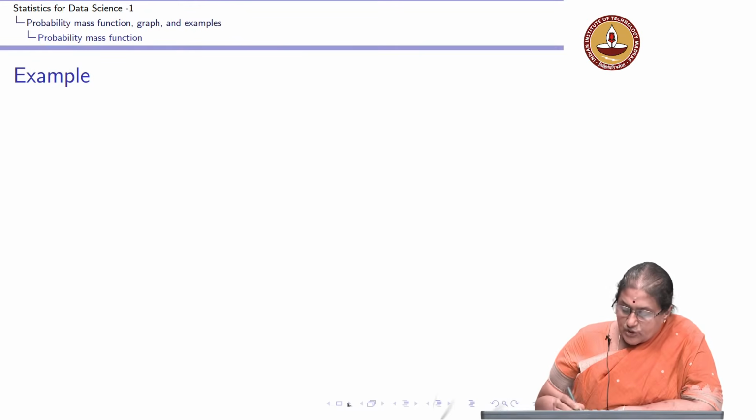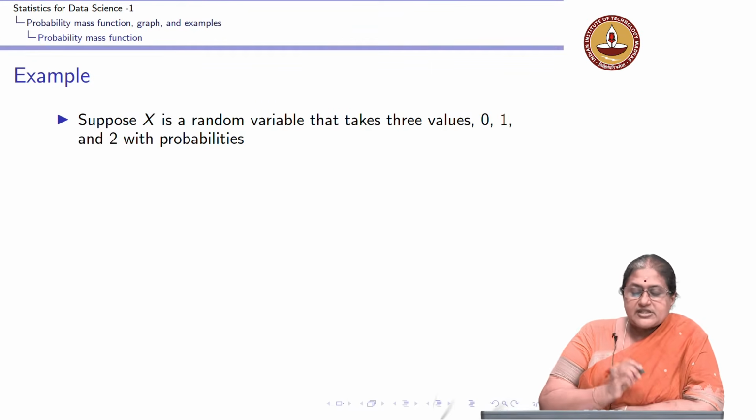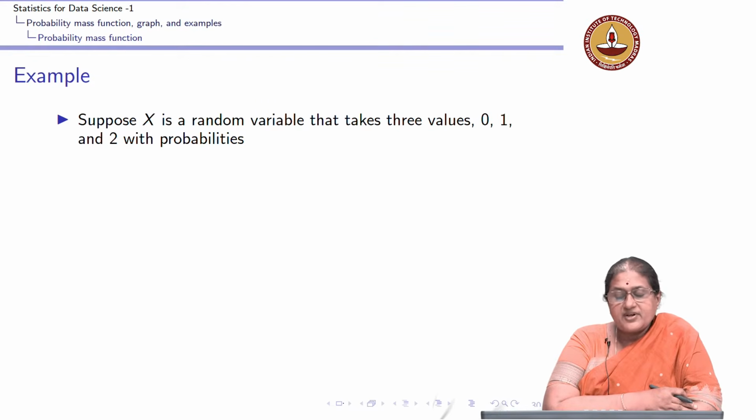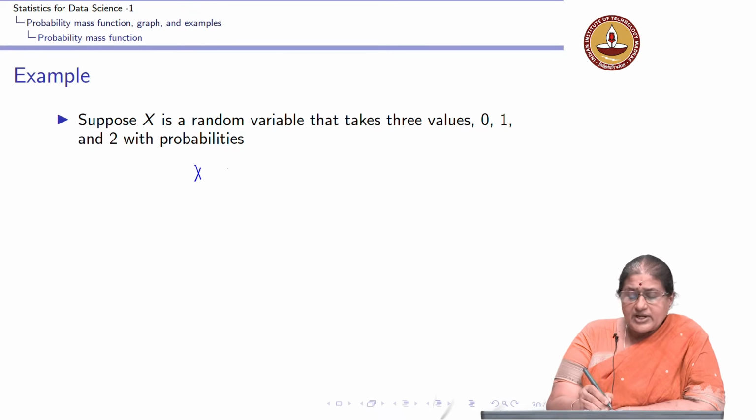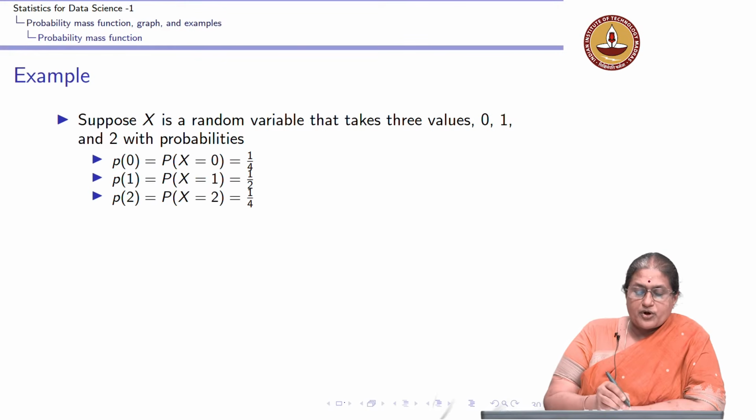Now, let's look at an example. Suppose x is a random variable that takes 3 values. So, again I have a random variable which takes only 3 values. It is finite: 0, 1, 2. And what is the probability? Probability x equal to 0 is 1 by 4, x equal to 1 is half, and x equal to 2 is 1 by 4.